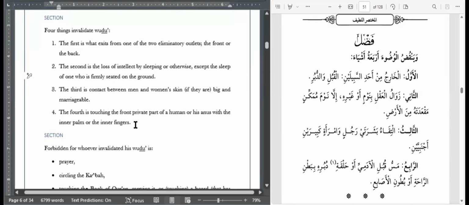If we supposed that a man inserted something like a cotton swab into his penis, this doesn't break his wudu because something going inside doesn't break the wudu. But if he pulls it back even a little bit, and some of it comes out, even if he didn't pull it all the way out, then that's going to break his wudu. Because the rule is anything that comes out of the two pathways, except for the sperm, breaks the wudu. Okay, that's clear.